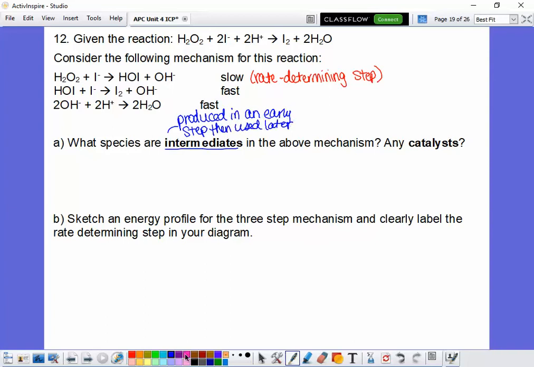A catalyst is a substance that is used in an early step and then produced back later. Okay, so an intermediate is a product first and then it becomes a reactant. A catalyst is a reactant first and then it becomes a product. Okay? So used, then produced.